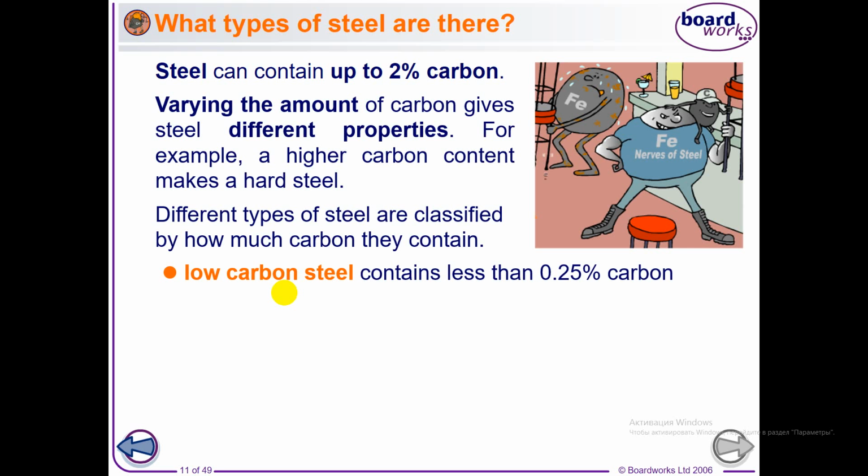Chemically they are composed of ferrite and pearlite. Low carbon steels are relatively soft and weak in comparison to other types of steel, but have excellent ductility.